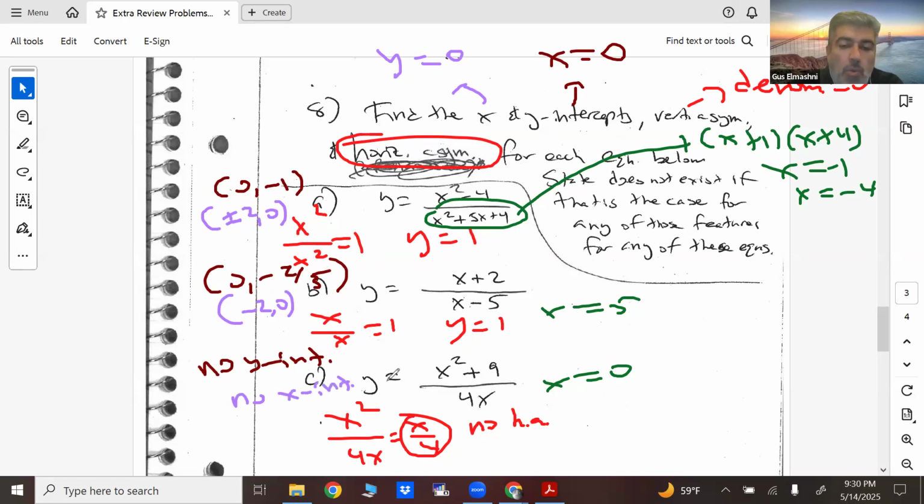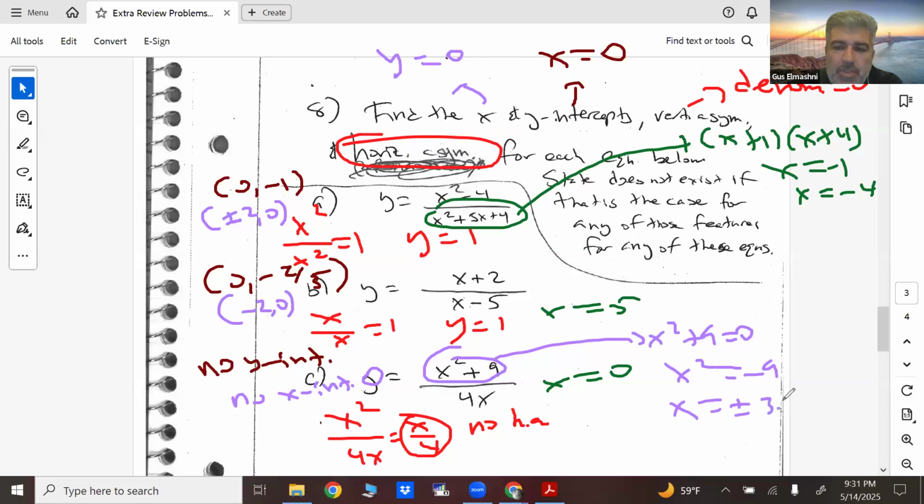Because again, when you want y to be 0, and y equals a fraction, you need the top to be 0, because 0 divided by any number is 0. So if the top equals 0, solve it, that would be your x-intercept. But in this case, you have imaginary. So it's not real. So we report no x-intercepts. We won't cross the x-axis.